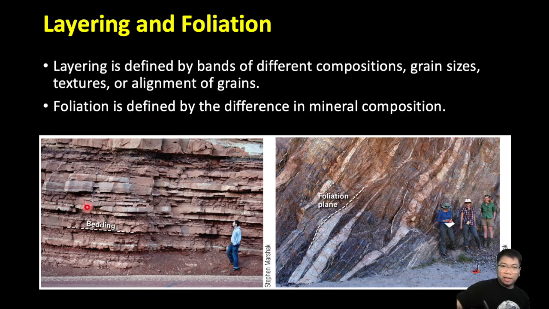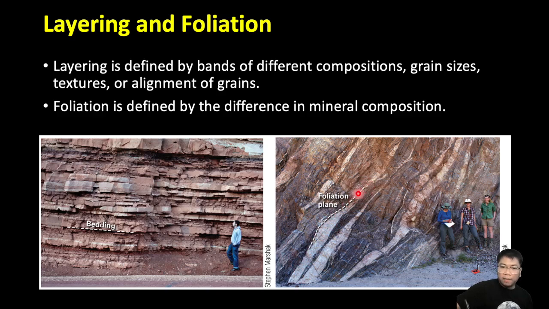Here you can see the layers or the beddings here are very continuous. You can actually trace this one layer all the way to the other side of the photo. But for foliation, it's very hard to trace those alignments of minerals. So for example, if I want to trace this white mineral here, I will trace it over here, over there, and then somehow it gets very thin and it just dies out.